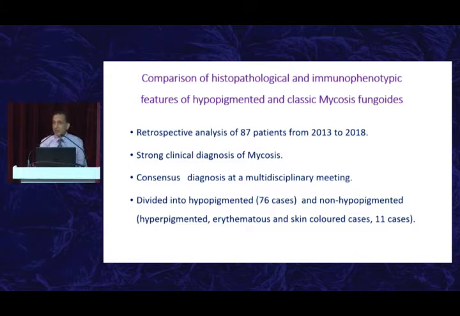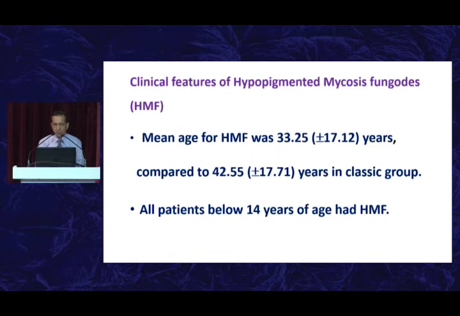So there were 76 cases of hypopigmented mycosis fungoides and only 11 cases of the classical type. And straight away you can see the immensity of the problem, because hypopigmented mycosis fungoides seems to be the commoner type in this country. When we compared, the mean age for hypopigmented mycosis was 33 years compared to 42 years for the classic group, but this was not statistically significant.